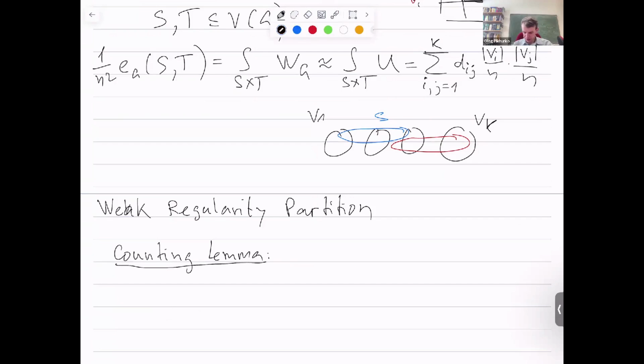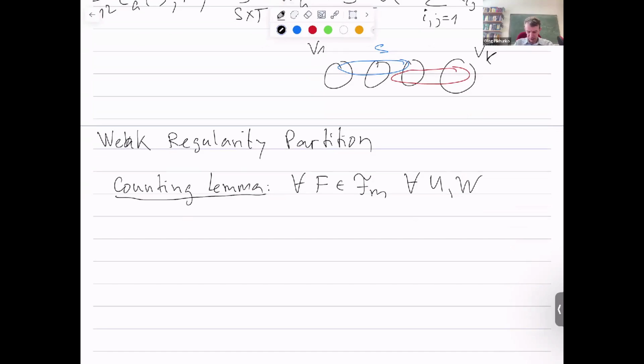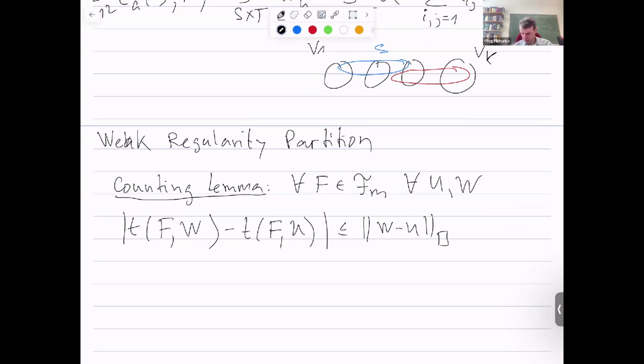So it says that if I take any graph F with, say, m vertices, and if I take any two graphons U and W, which could come from graphs or need not, then the homomorphism densities of F in W and U differ from each other by at most the cut distance, or cut norm, times an extra constant factor, which is the number of edges.